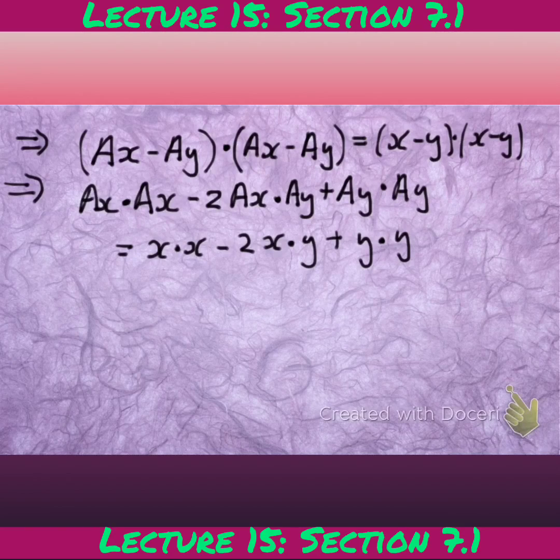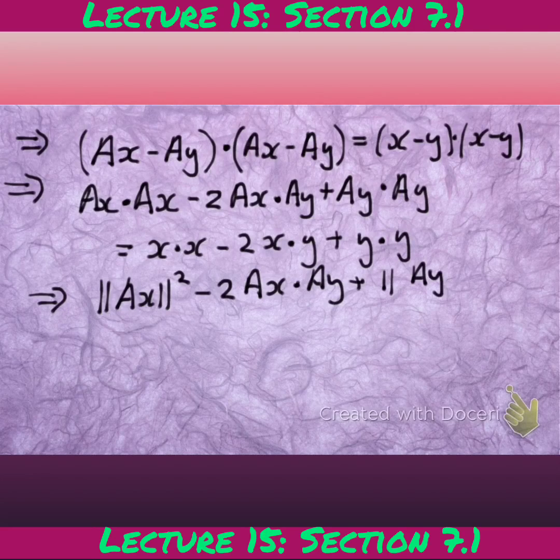And therefore that's going to imply that, first of all, this thing here is going to be the norm of AX squared, minus 2 AX dot AY plus the norm of AY squared, and that's going to be equal to the norm of X squared minus 2 X dot Y plus the norm of Y squared.